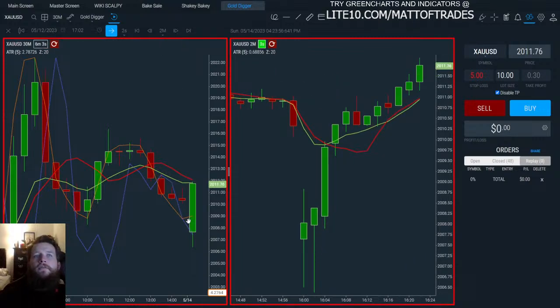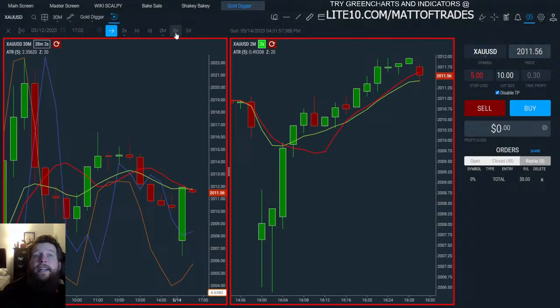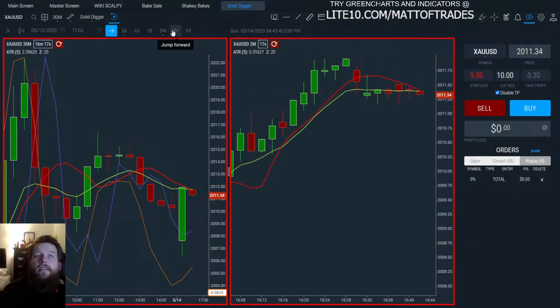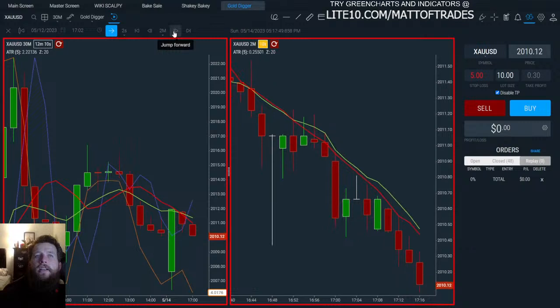Okay, so right here, TNT lines are good. I do not have the pressure. Okay, so now I do, though. So right here, okay, but blue is up now, so we don't want to go into that until that switches. Okay, still pressure's not agreeing.